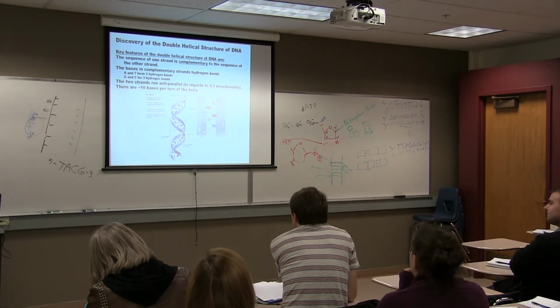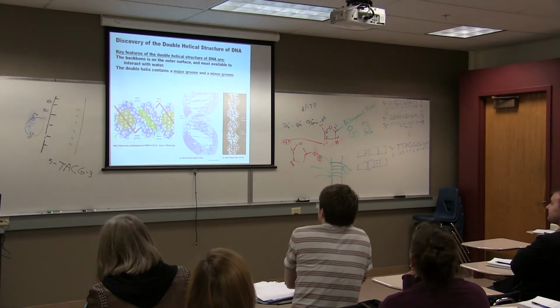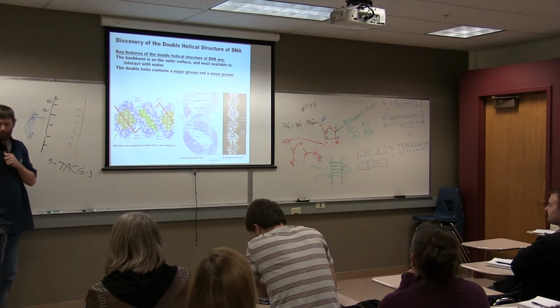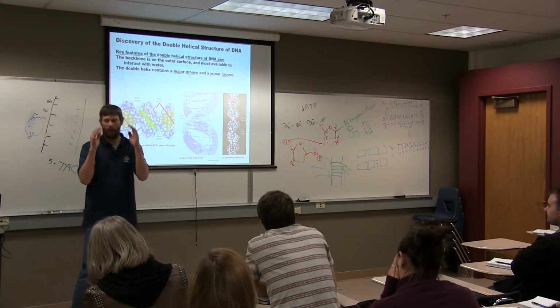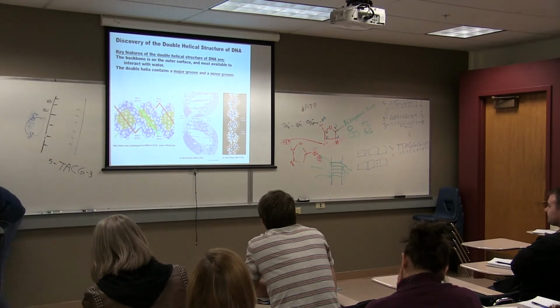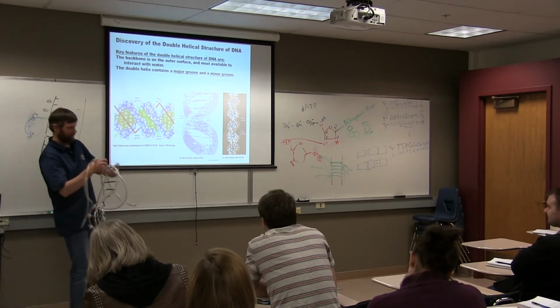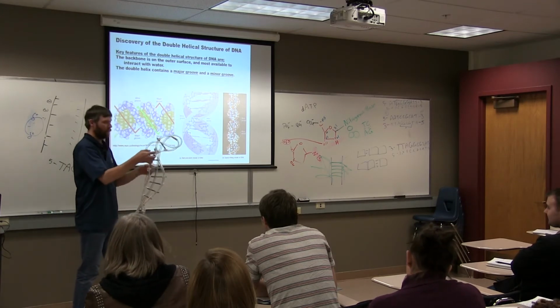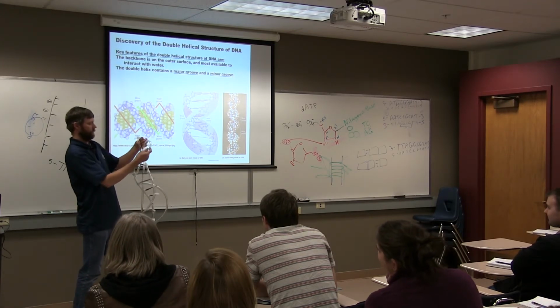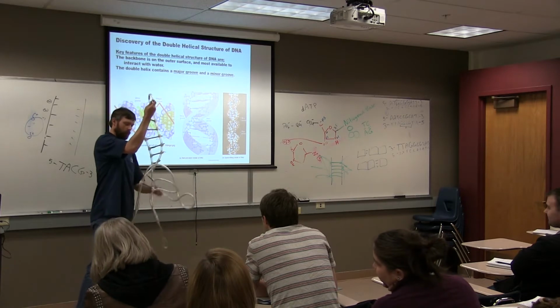Okay, I need to hurry up here. Okay. The backbone is on the outside. Let me get into my little model. We'll see if I can make this work. Oh man, it's so folded up now. I'm not sure I'm going to do this mess. There we go.